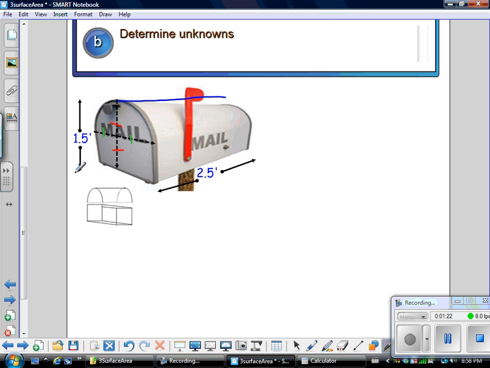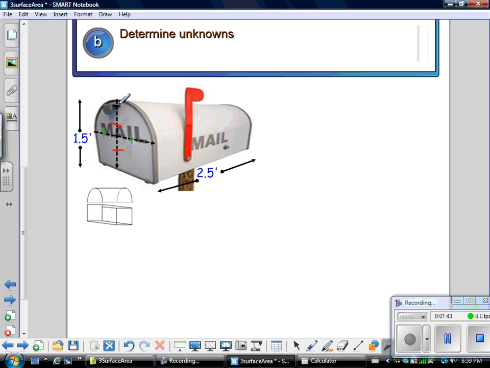Now, on my diagram, I have marked a few more items. You can see that from the top to the bottom of the mailbox, it's 1.5 feet. The two ticks tell me that half of that height belongs to the cylinder and half the height belongs to the rectangular prism.